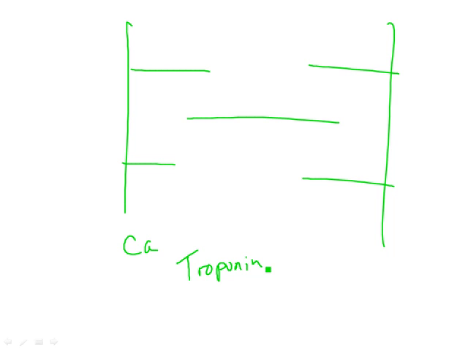So calcium's going to bind the troponin, and that's going to cause the troponin to change shape and move off the tropomyosin. And that's going to what? Free up the myosin binding site on actin.